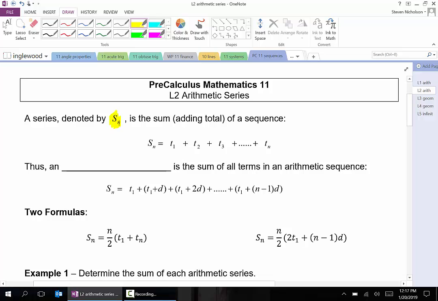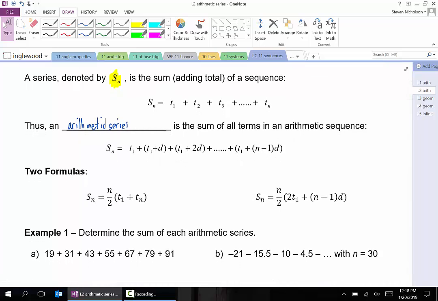So if it were S of 10, we'd know the first 10 terms and we'd add them all together. Thus, an arithmetic series is the sum of all the terms in an arithmetic sequence.